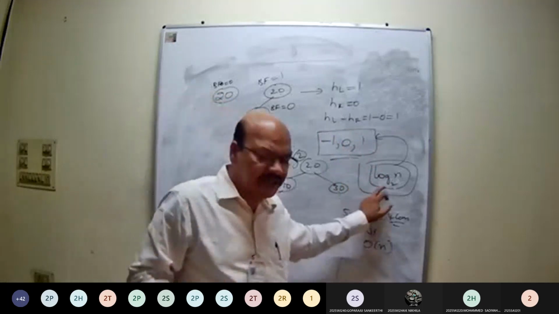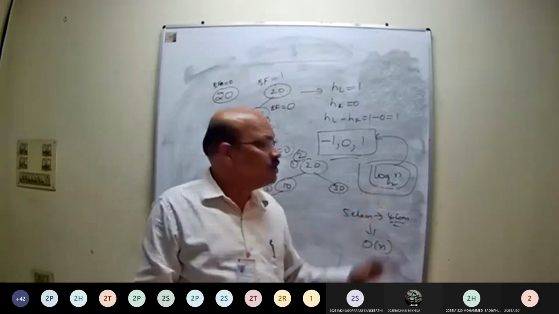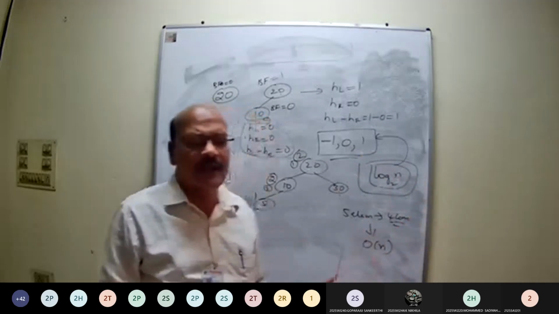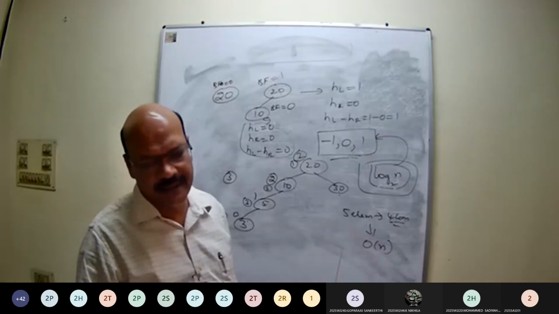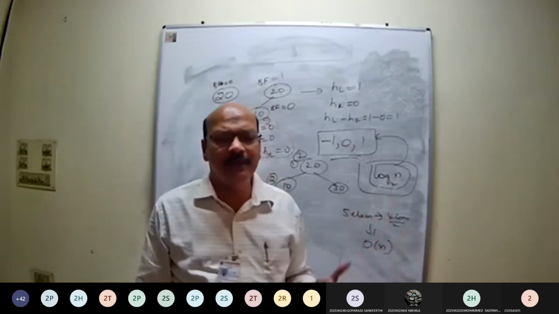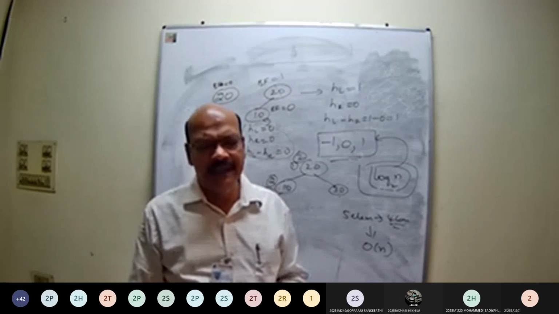Its height is not restricted to log n, and it is going beyond log n. Then one of the nodes' balance factors will not be among -1, 0, and 1. It will be 2, 3, something like that. That means it's not height balanced. So with log n base 2 comparisons, you will not be able to perform search, insert, or delete operations.